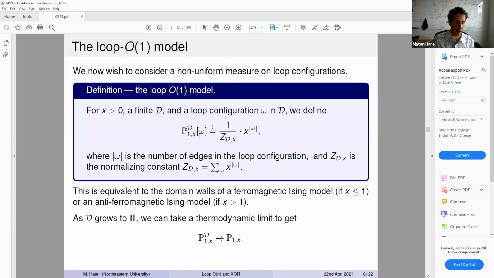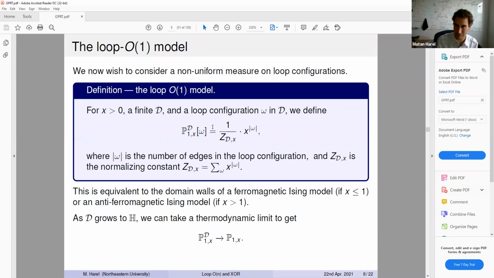There is a relation, and this was initially posed as a graphical representation in 2 dimensions of the spin O(n) model, which actually comes from vectors in an n-dimensional sphere. I'm not going to discuss exactly where it comes from, why it's O1, but you can think of the O1 as somehow the fact that you have 2 colors in this case, right? Blue and red.